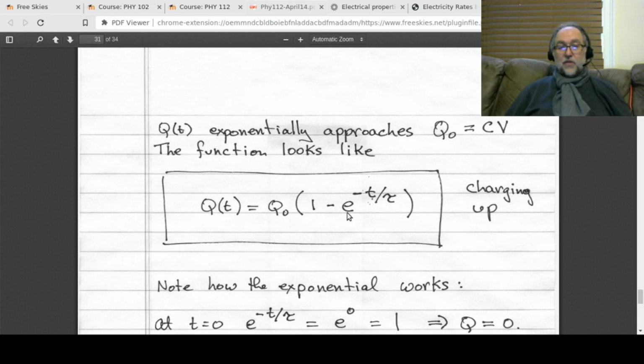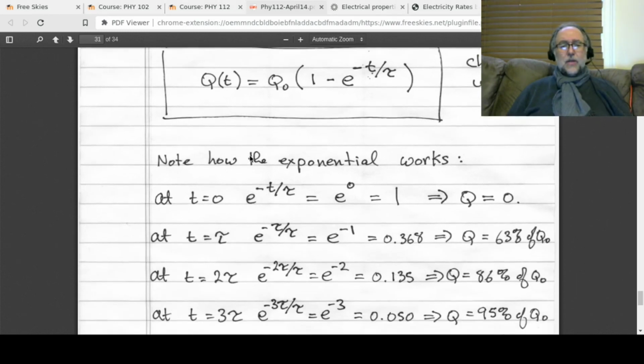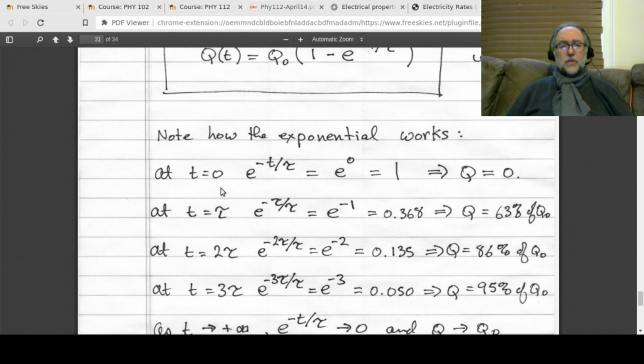Every calculator is a little different, but basically Euler's constant is like 2.718, blah, blah, blah. It's one of these non-repeating, non-terminating decimals. And so this is e to the minus t, and that's your time in seconds, divided by tau, and that is the time constant. So this looks like a complicated formula, but it's not that bad. Let's take a look at how that exponential works.